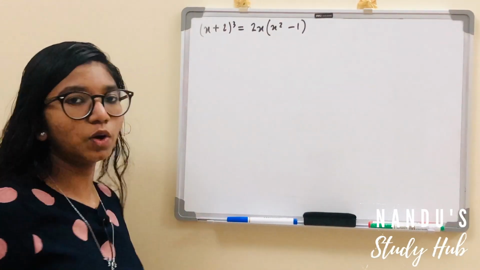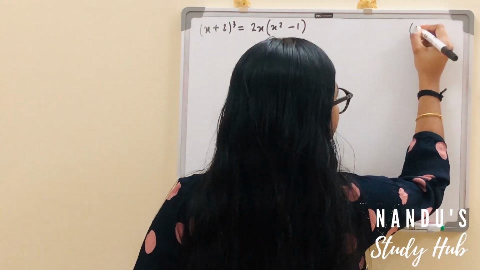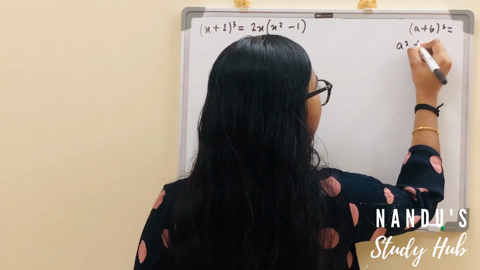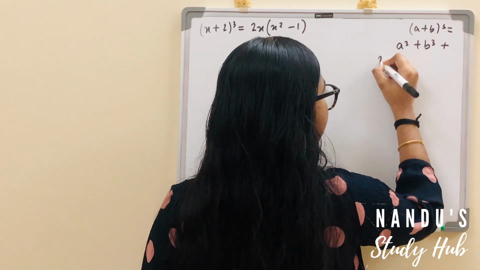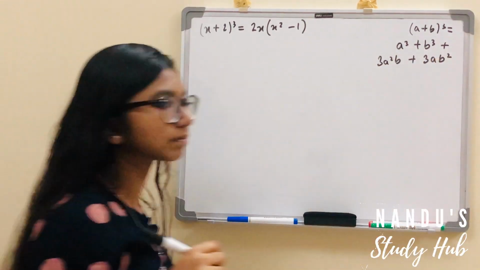So x plus 2 the whole cube is a type of a plus b the whole cube equation. So I can write a plus b the whole cube equals a cube plus b cube plus 3a square b plus 3ab square.